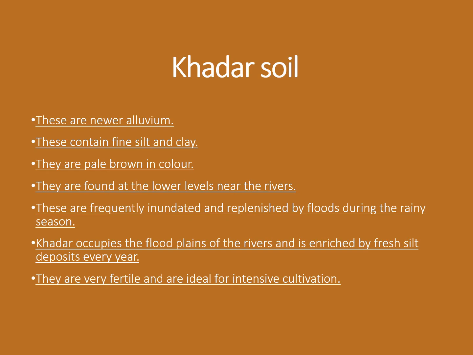These are frequently inundated and replenished by floods during the rainy season. Khadar occupies the floodplains of the rivers and is enriched by fresh silt deposits every year. They are very fertile and are ideal for intensive cultivation.